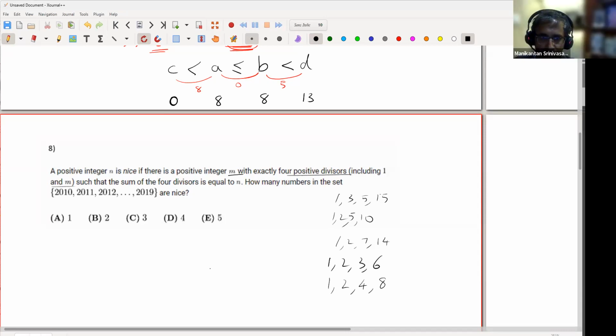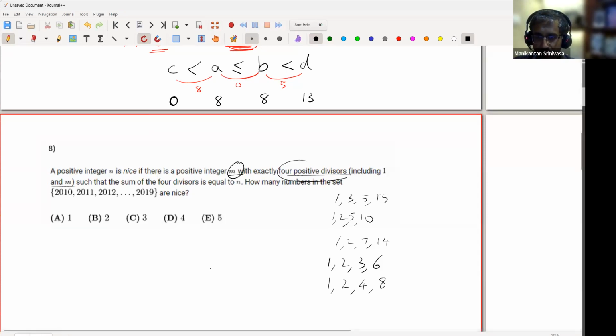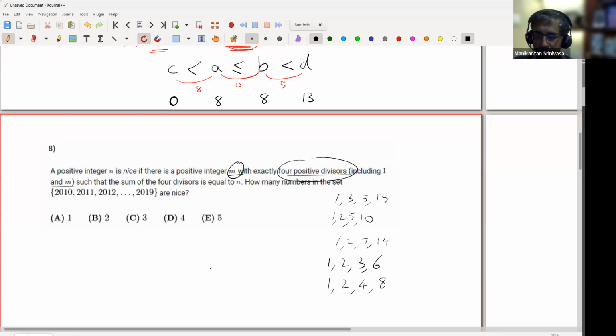I'm not even looking at this problem. All I'm looking at is the number m, which has exactly 4 positive divisors. What would be the property of such an m? Excluding squares, cubes, and raised to fours, etc., I think excluding one and the number itself, both the divisors will be prime.